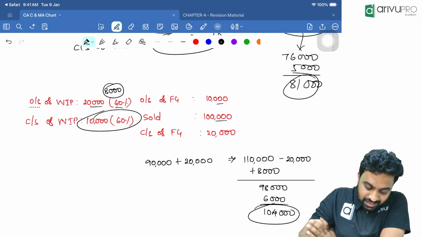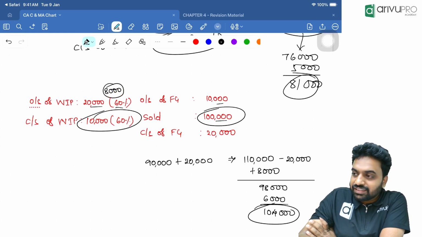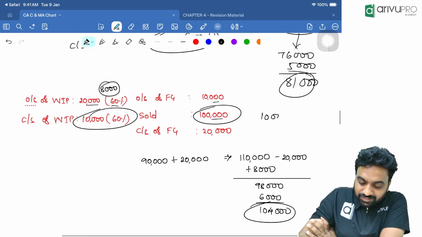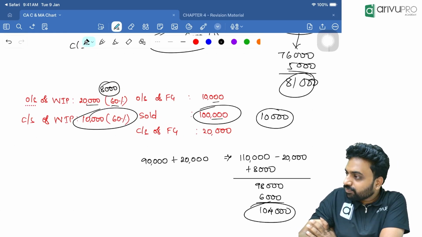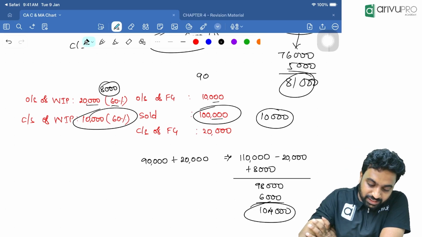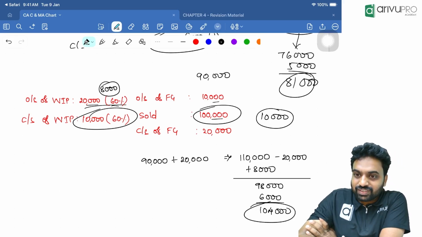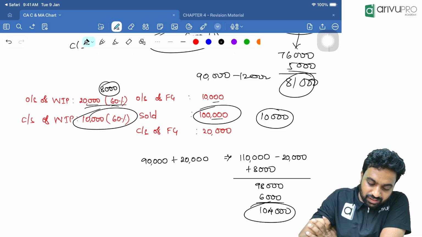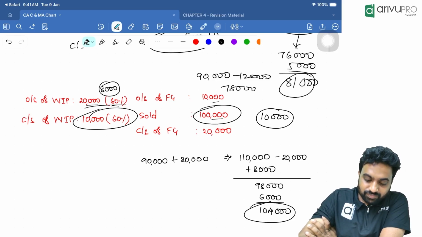Out of 1 lakh, 10,000 was opening. Correct? Because everything sold was not produced during the period. 90,000. Also, that opening WIP, 20,000, was not completely produced during the period. Only equivalent to 8,000 was produced. That means reduce 12,000. That means 78,000.